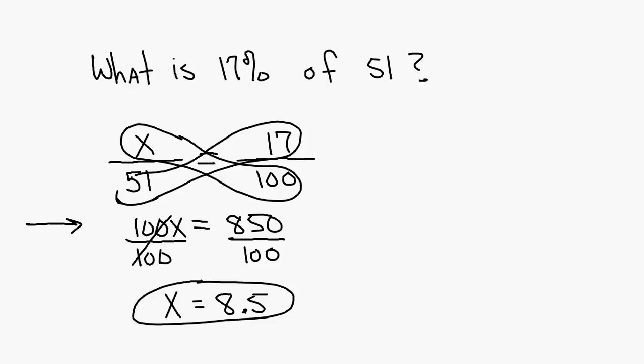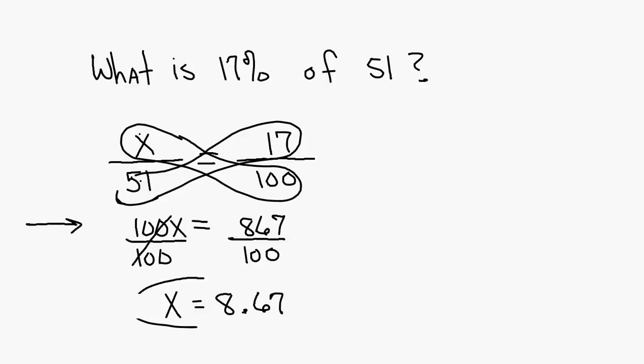So this changes to an 867, doesn't it? Come on, Matt. So what does that change the answer to? 8.67. That a boy. 8.67. Thank you. See why it's important for all of you guys to do the calculator work with me? In that case, I didn't even do it.